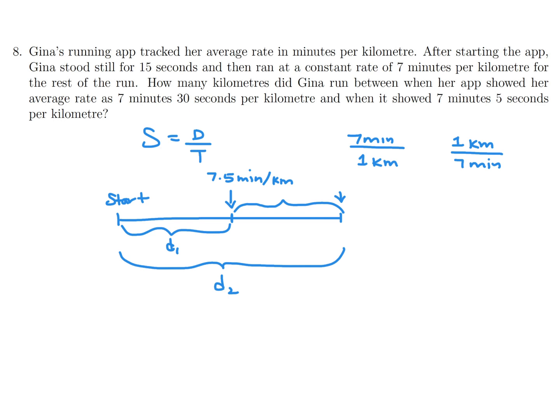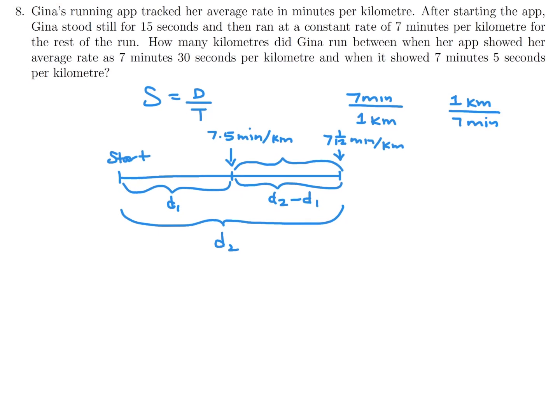Yeah. 7 and 1 over 12. Because I've got to convert this minutes per kilometer. And they are saying, what is this distance here, I guess. So that's just D2 minus D1. Okay, I think that shouldn't be too much of a problem.